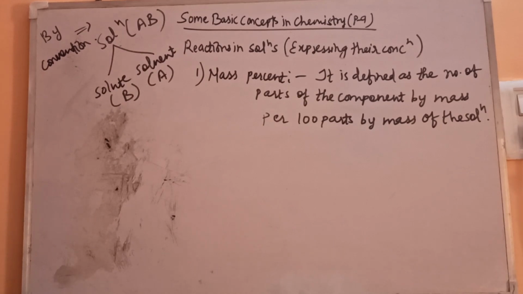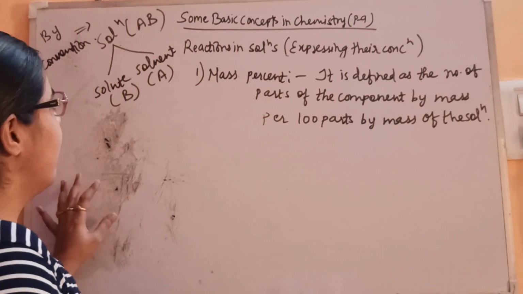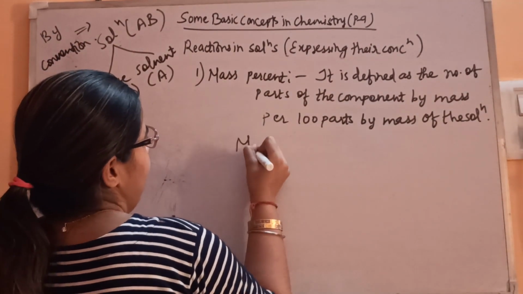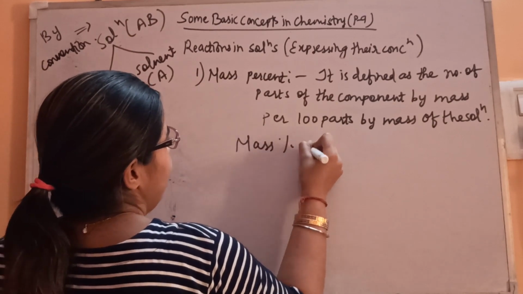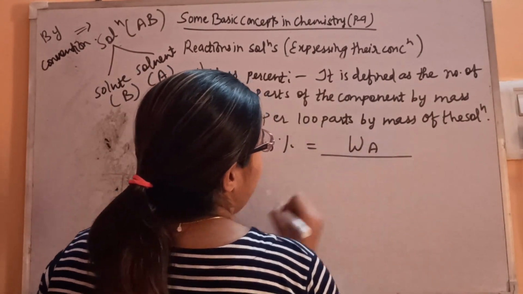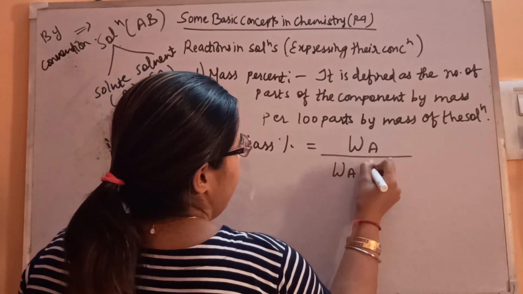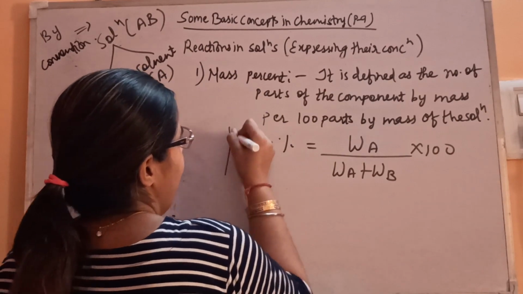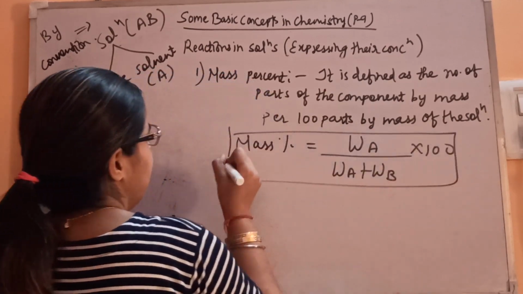Let's see mathematically: mass percent of component A is equal to WA divided by WA plus WB, into 100. So this is the formula of mass percent.